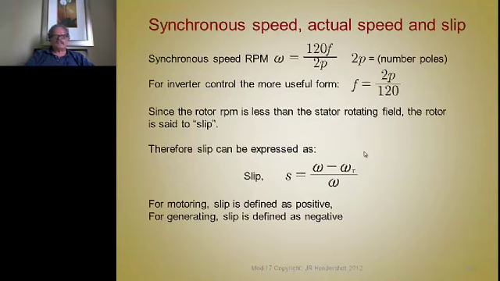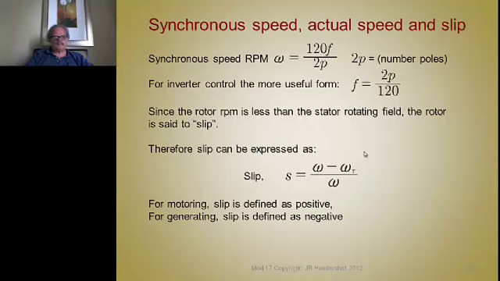Synchronous speed, actual speed, and slip. Synchronous speed in RPM equals 120 times the frequency divided by the number of poles, which is 2 times the number of pole pairs. For inverter control, the more useful form of this is to solve for frequency. So frequency equals the number of poles times RPM divided by 120. Since the rotor RPM is less than the stator field, the rotor is said to slip, as we've said.